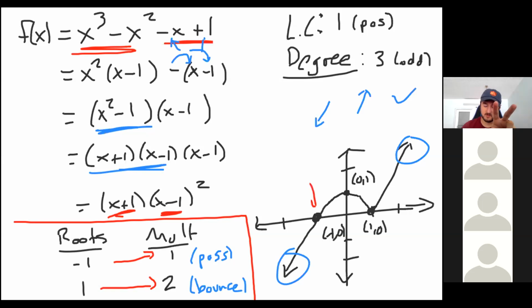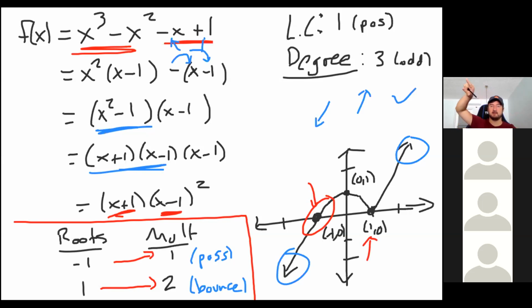So when I draw my sketch, I know I have to at least hit the x-axis when x is -1 and when x is +1, and that's what we see at both of those points. But because we had an odd multiplicity at -1, we needed to pass through. That's what we see. If we're traveling from left to right, we go from negative numbers to positive numbers.